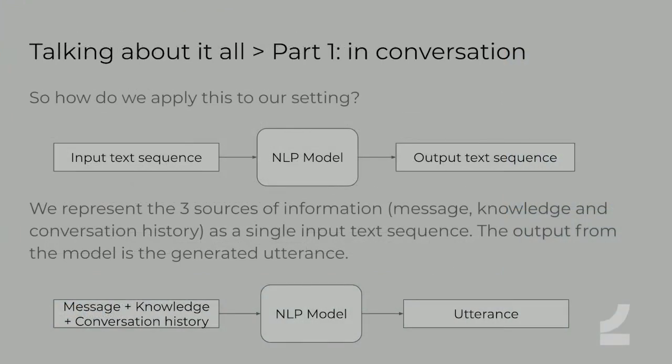So as we said before, the NLP model takes in an input text sequence and outputs another text sequence. So we just manipulate our problem to fit into this paradigm. We combine the message, the knowledge, and the conversation history into a single text sequence where there are text markers that delineate the boundaries between each of these three types of information. And then the model generates an utterance, something to say, which is the output text sequence.